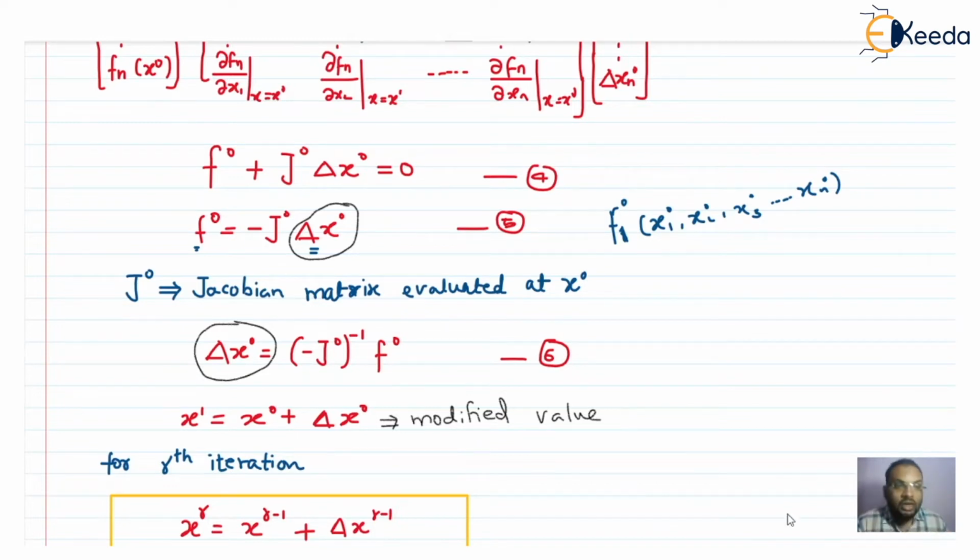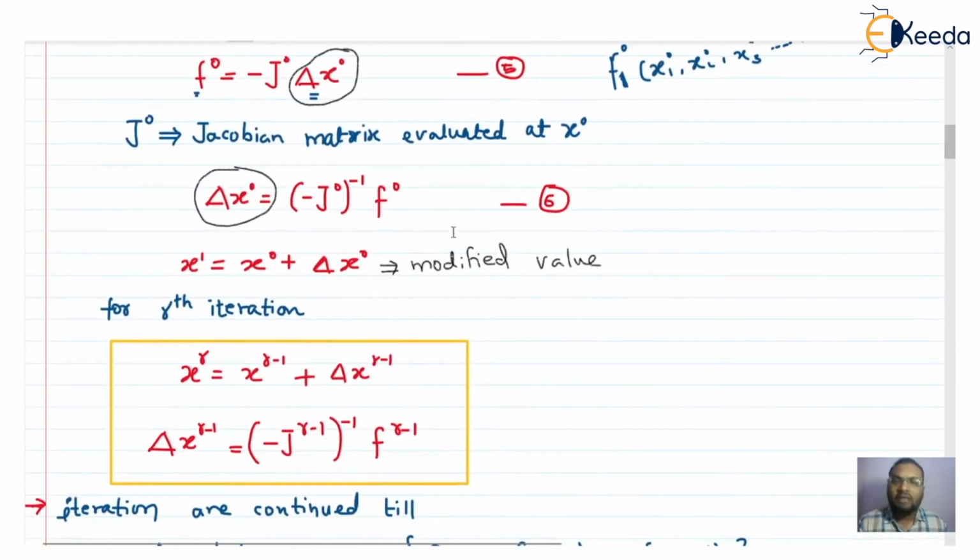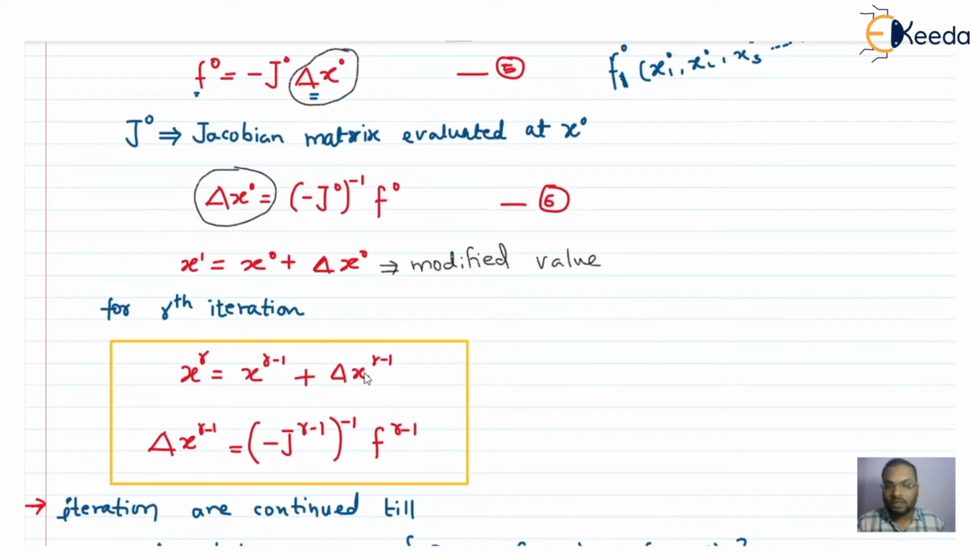In general, for the rth iteration, x of r indicates the value of x in the rth iteration. How can we get this? Of course, we take the value of x in the previous iteration plus the correction in that variable in the previous iteration.